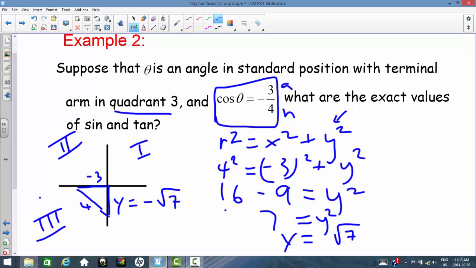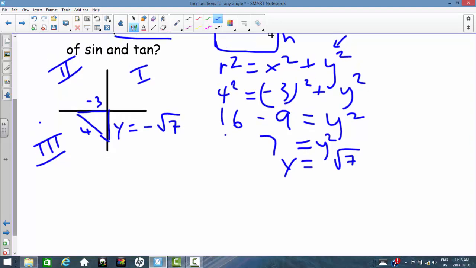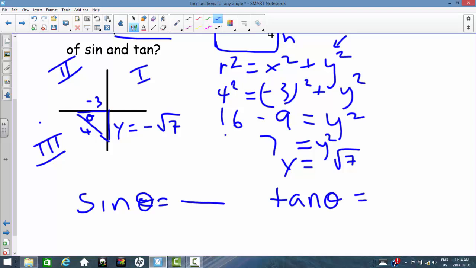And we're just going to leave it that way, and then we're going to write our sine, cos, and tan. We know our angle is here in that corner. So we have to write sine, and we have to write tan. We know cos because they gave it to us in the question. And we're going to write our symbol in there for theta. Okay, so sine is opposite, which is negative root 7, over hypotenuse, which is 4.